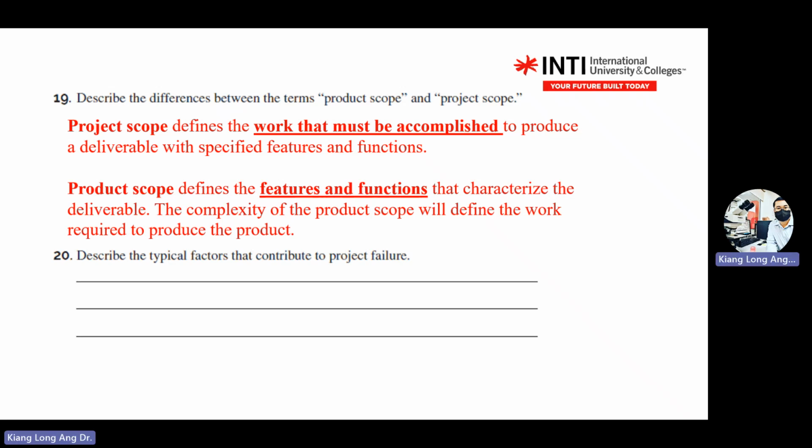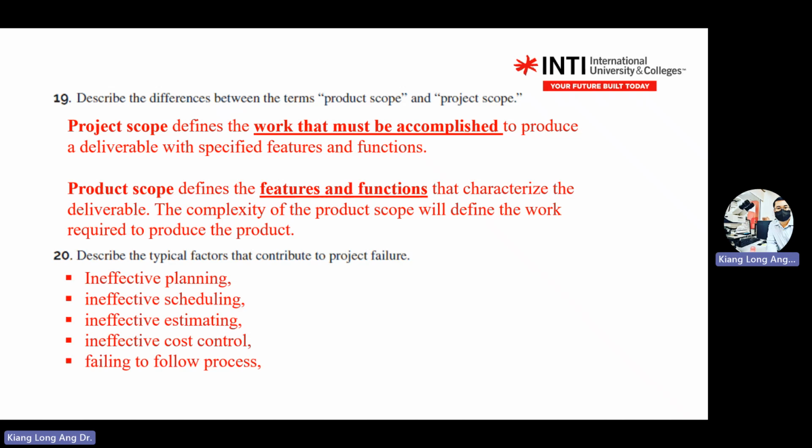Describe the typical factors that contribute to project failure. It's the opposite of project success. You also deal with the three things: time, cost, and customer requirement. You elaborate on that. Put it in a negative term, then it becomes project failure. Effective planning, scheduling, estimating, cost control, follow the process.